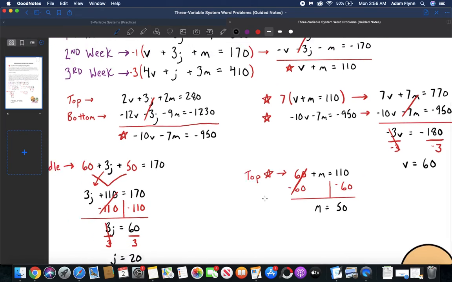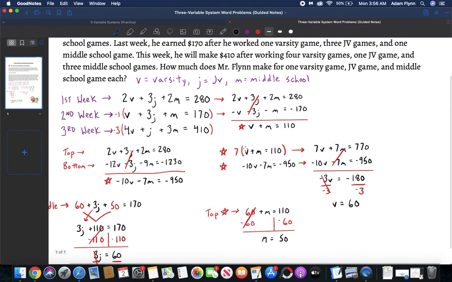Just to recap the process, I'll throw some arrows in here as well. I got my 2 star equations. Once I got my 2 star equations, I set them up into a 2 variable system. We solved the 2 variable system and we got 60 for v. So we took this 60 and plugged it into our top star equation, which was v plus m equals 110.